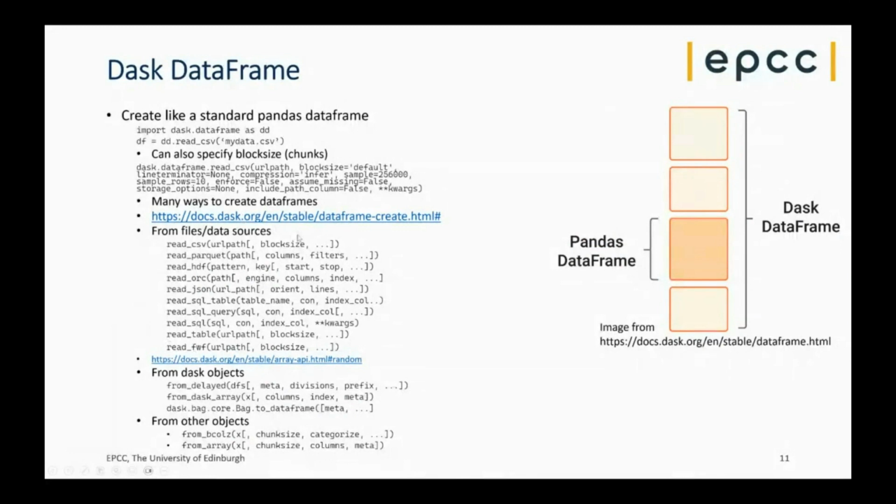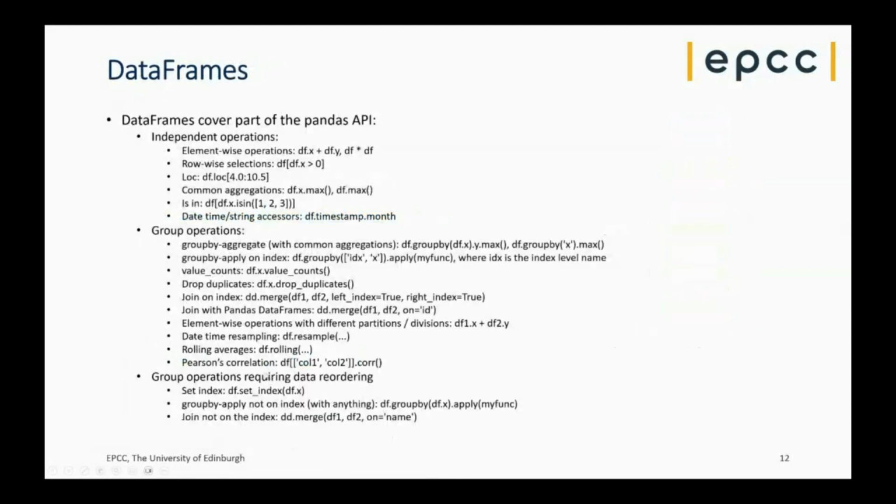And then you can create this in lots of different ways, right? From CSV files, from Parquet, from HDF, from SQL servers, those kinds of things. From delayed objects. You can create a data frame from a Dask array and from the other data structure as well, from a bag, sorry, and from other objects.